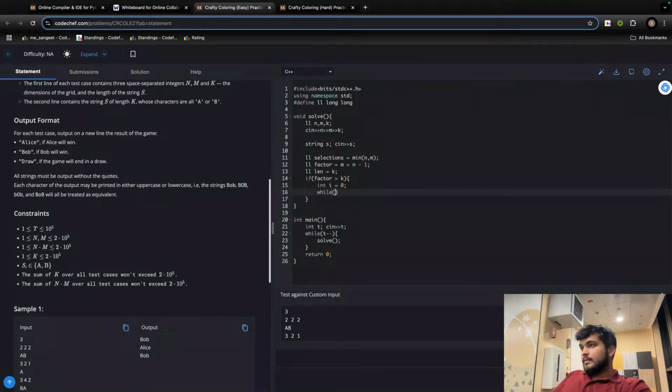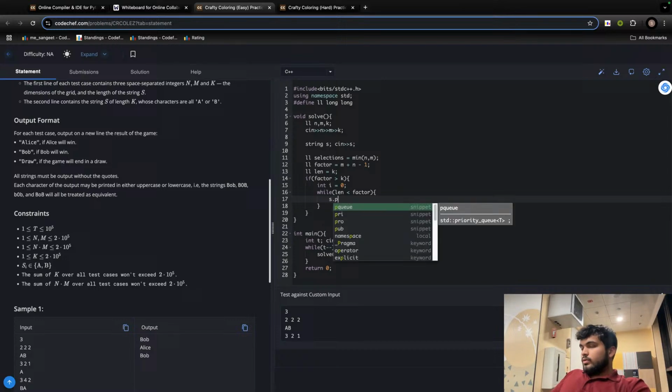While the length is less than factor, what do we need to do?